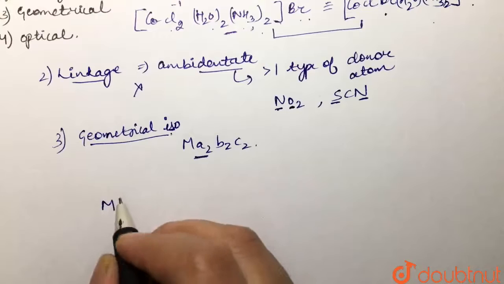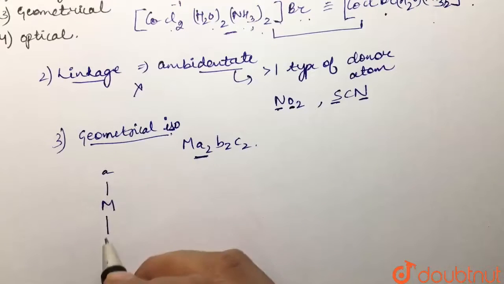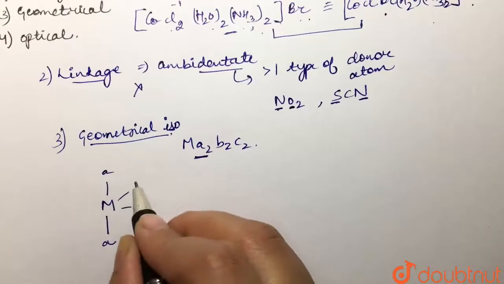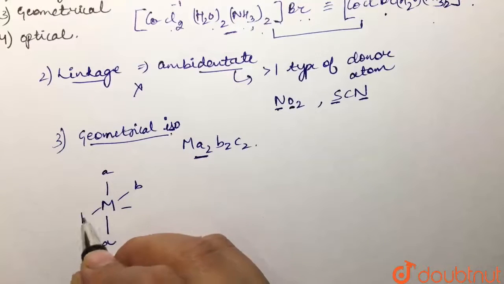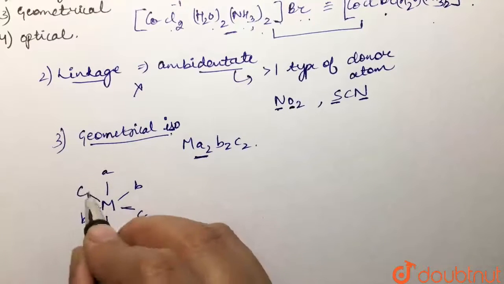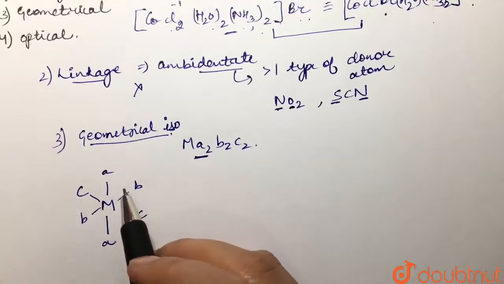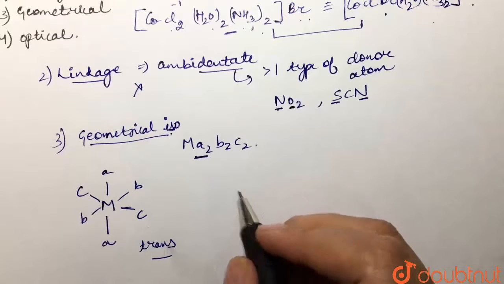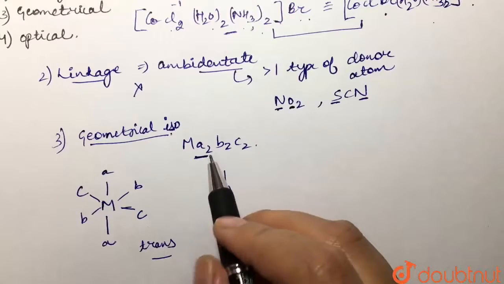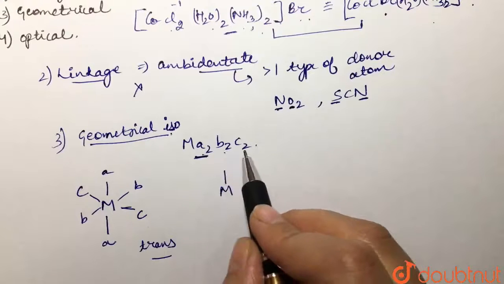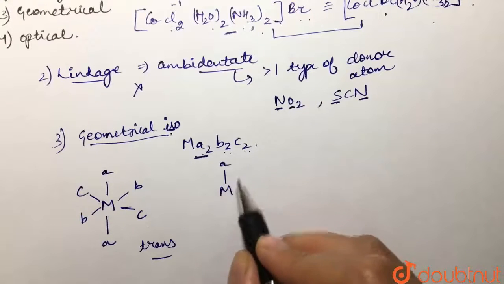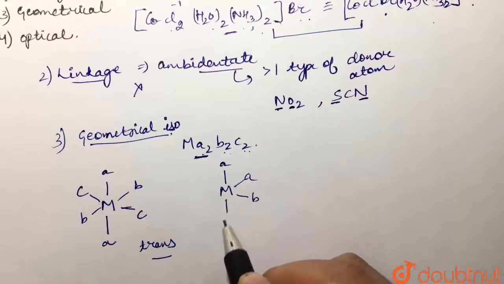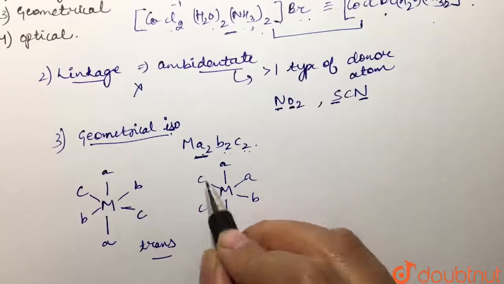Suppose we have A trans to each other, B trans to each other, and C trans to each other. So all are trans to each other, and this is our trans case. We can draw its cis isomer as well. When all of the 2 A, 2 B and 2 C are cis to each other, that is the cis case.